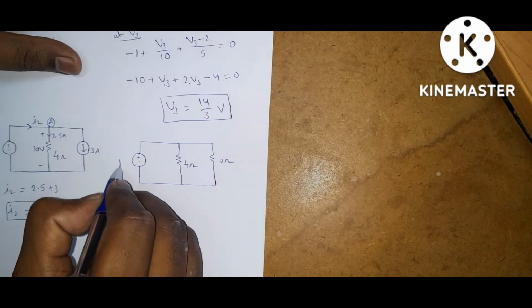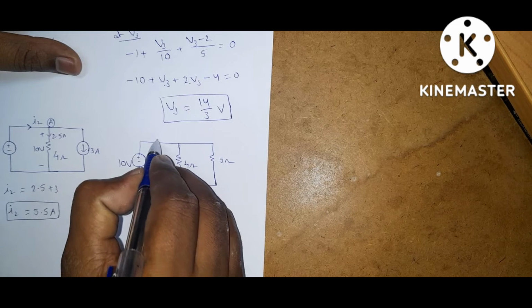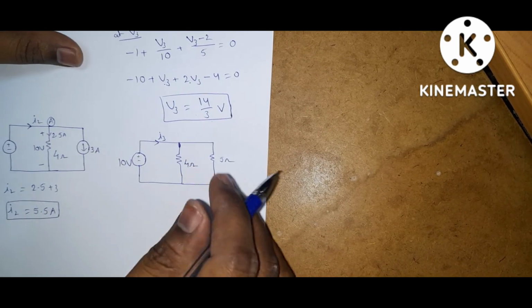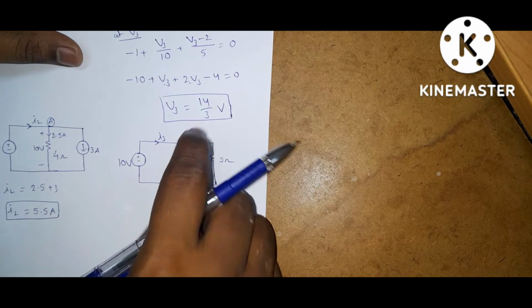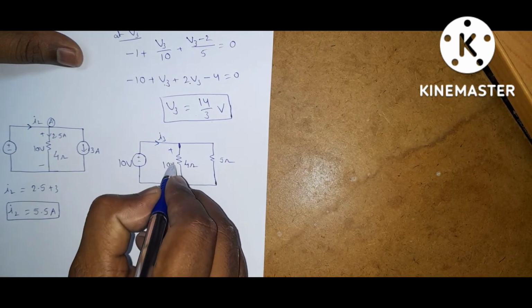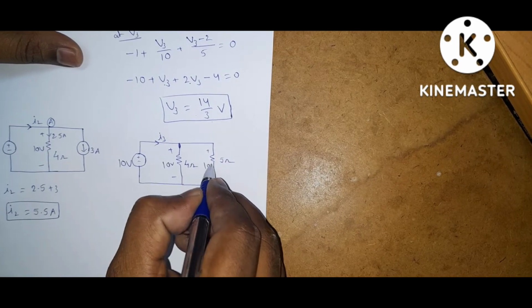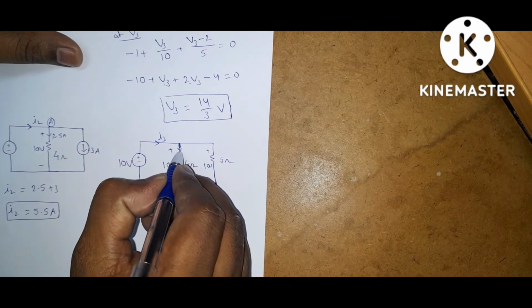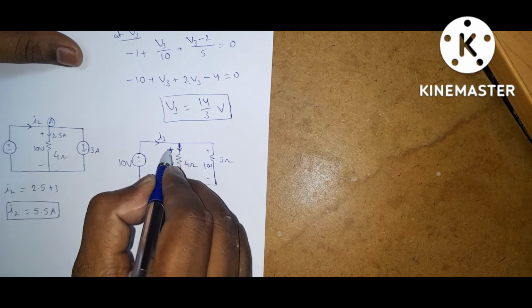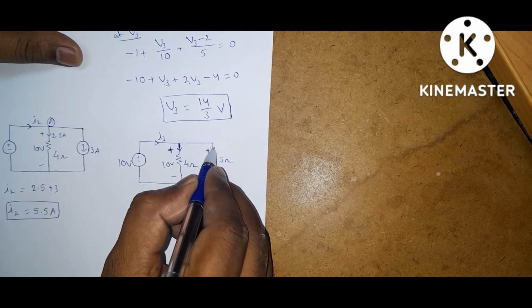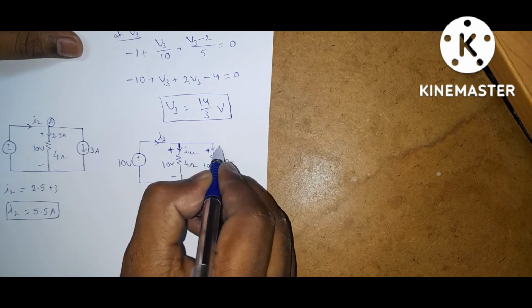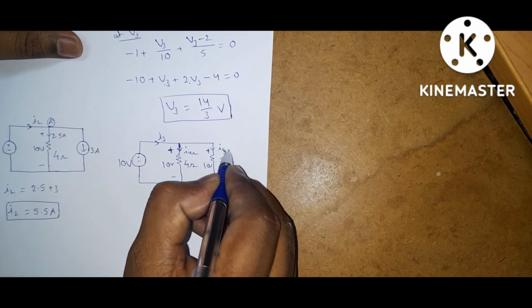Now coming to this one, this is 10 volts, and this is I3. Here also all elements are connected in parallel, so the voltage is the same, 10 volts. For passive elements, current enters the positive terminal. Let the currents be I4 ohm and I5 ohm.